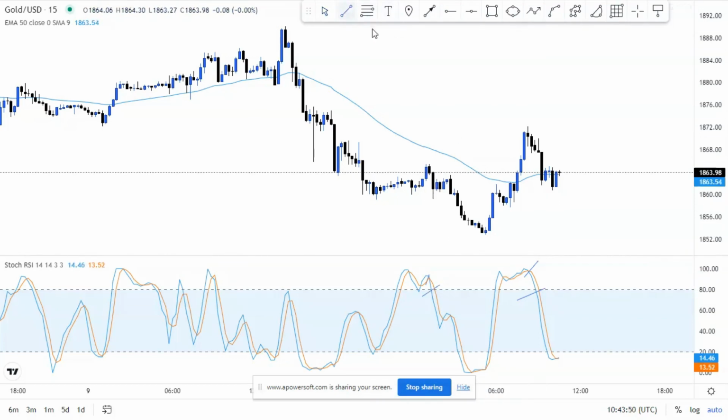Likewise, we don't take the signals when it crosses down here, because it can consolidate like that, and then you're not getting in. But now it has to cross and then they come and line up here.